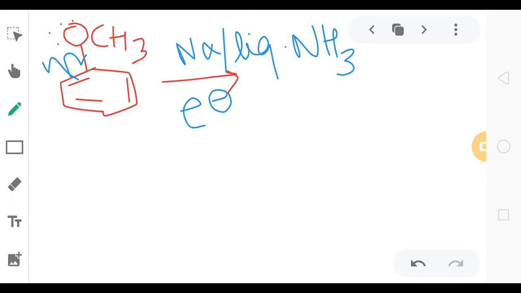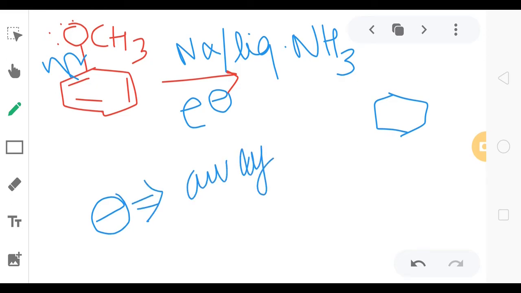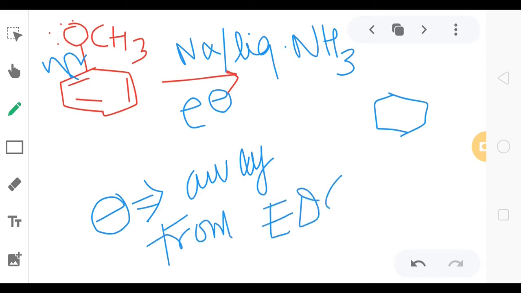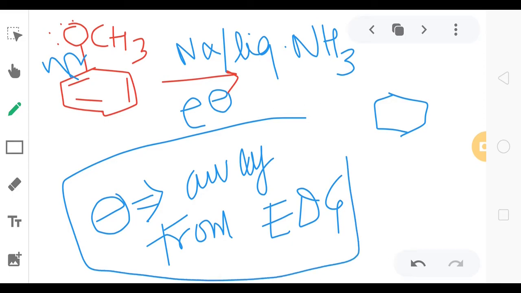Okay, and this homolytic fission will occur, and what I told you, that you have to keep the negative charge close to the electron withdrawing group. That means you also need to take care that the negative charge should be away from the electron donating group. Okay, you have to keep the electron away from the electron donating group.